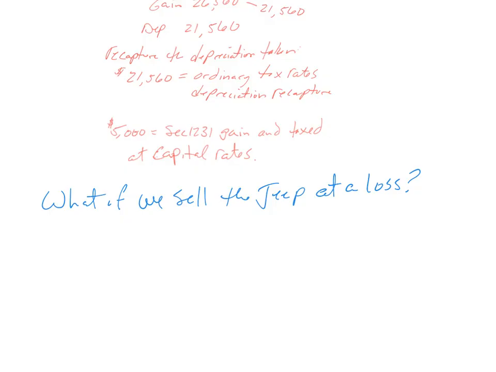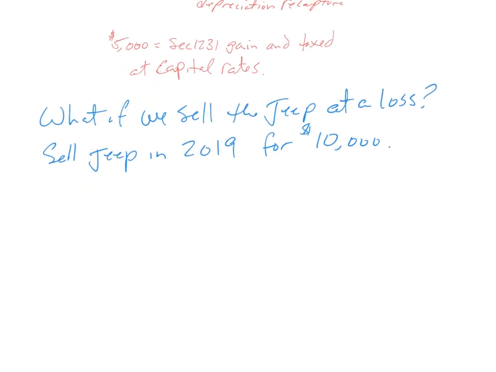Okay, so say we sell the Jeep in 2019 for $10,000. Can't imagine why we do that, but let's say we do.